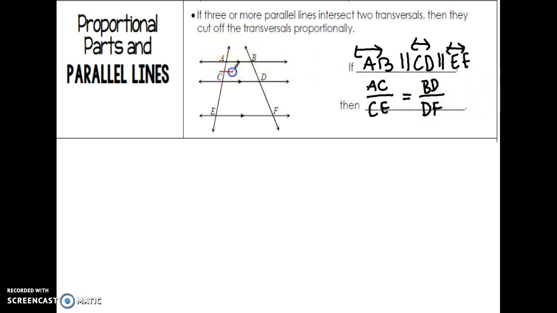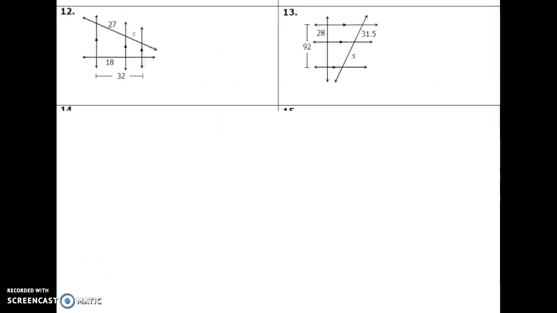So we would say that AC and BD as well as CE and DF. We're only going to do 12 and 13 out of this one. So I'm going to go for number 12. Remember, first 2 have just 1, second 2 have 2 on them. That's how we're going to set up our proportion.